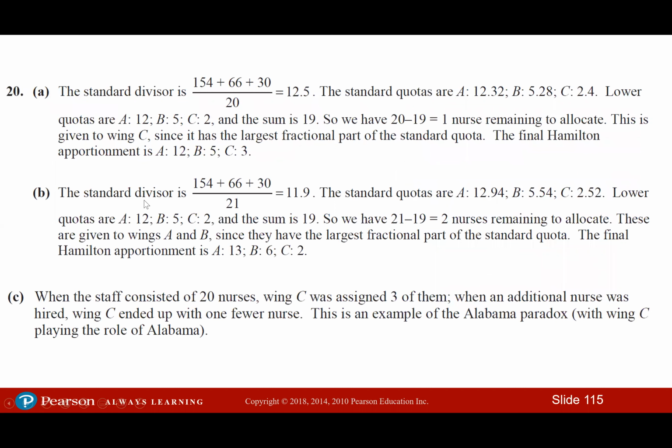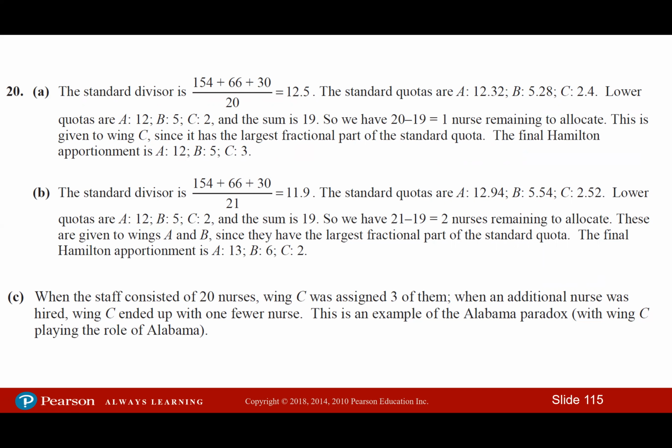Use Hamilton's method to do the apportionment for the nurses and then compare your answer. You divide by 21. This is 11.9. If you do that, the lower quotas are 12, 5, and 2. The sum is 19, so we have 2 nurses remaining to be allocated. These are given to wings A and B since they have the largest fractional parts of the quota. Again, the Hamilton apportionment.